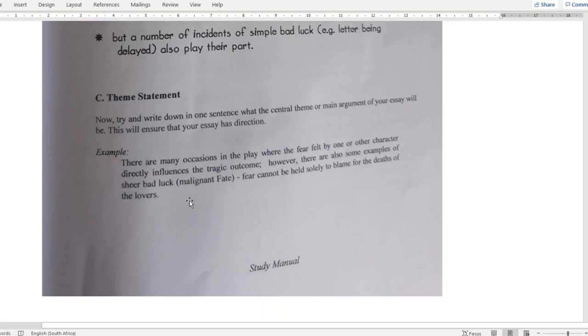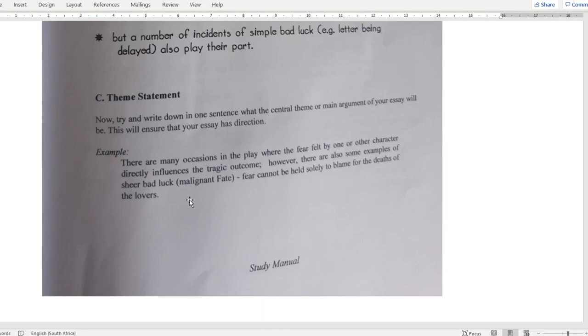So here in their theme statement, it shows how far they agree with what Goddard says. So they say they do agree that fear can also run rampant in the lives of these lovers, but malignant fate is also responsible in some way.